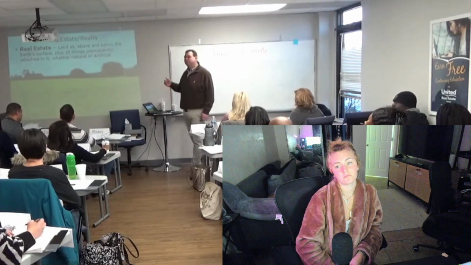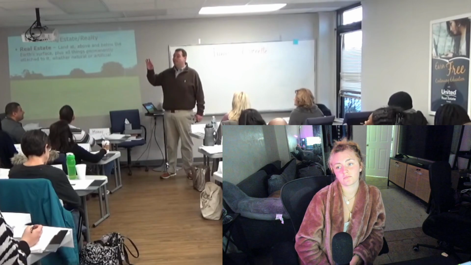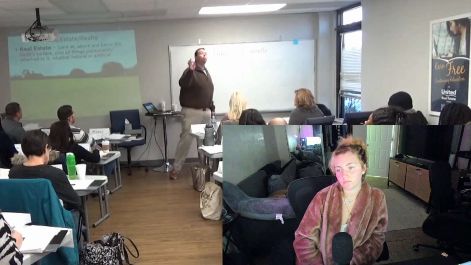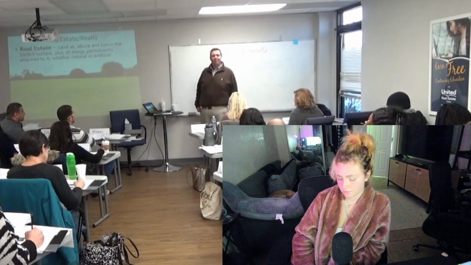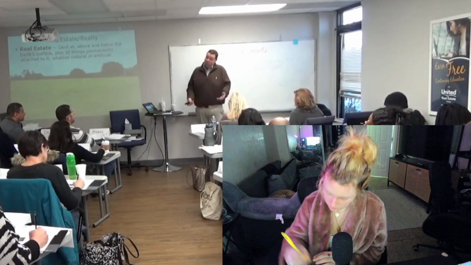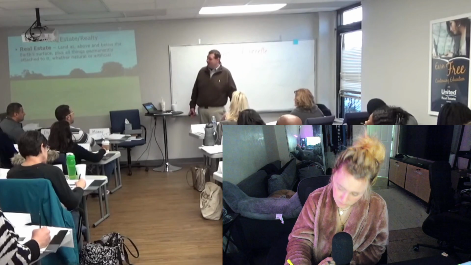Real estate just goes one step further than that. Real estate simply says it's land plus everything permanently attached to the land. So is this building real estate? Yes, because this building includes the land and what?